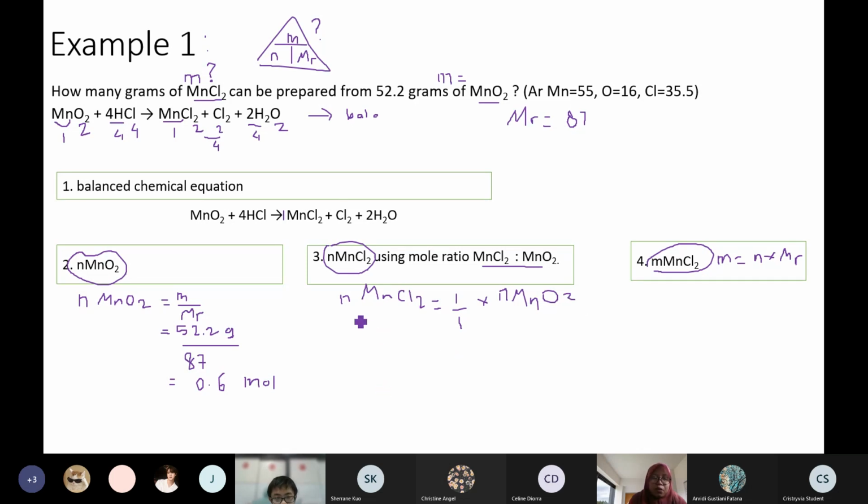It means the moles of MnCl2 is equal to the moles of MnO2. So the moles of MnCl2 is the same, 0.6 mole.